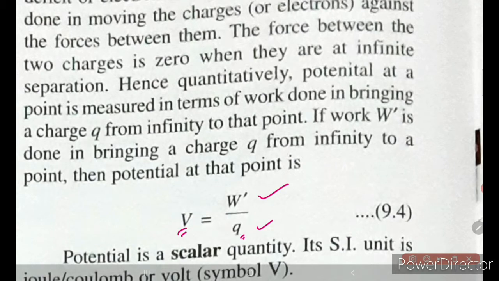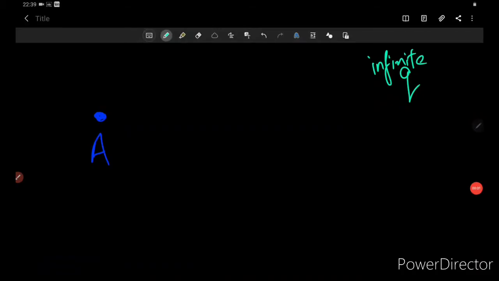So let us try to understand more with the help of some diagrams. Let us consider one point A, right, and there is one charge placed at an infinite distance from this point.